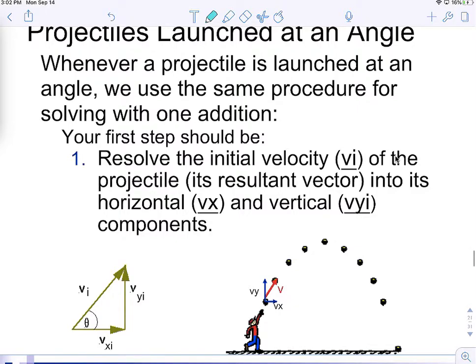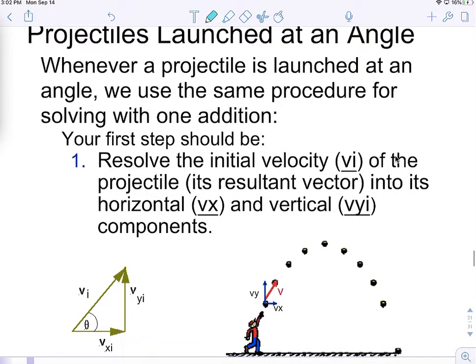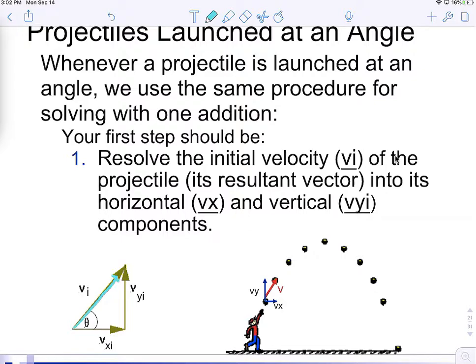Typically what a problem will look like in this class is you will have something launched at some angle. You will be given the angle, and you will be given the initial velocity. I can break that initial velocity at that angle into how fast it's moving sideways initially and how fast it's moving up initially.